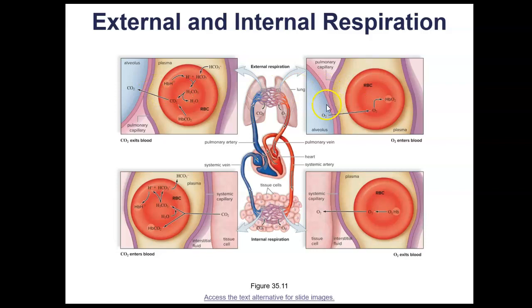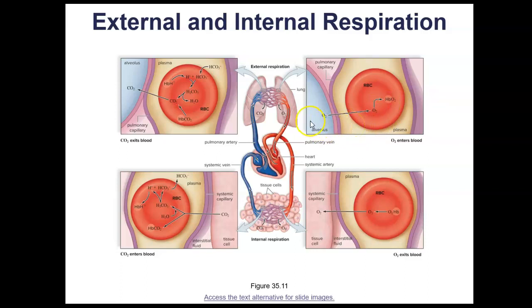I guess you need to look over on the right. You have a higher partial pressure of oxygen in the alveolus because you've just breathed in air, which has a higher partial pressure of oxygen than what you would have in the blood. So oxygen is going to move into the blood and most of it will attach to hemoglobin on the red blood cell. There'll be a small percentage that's dissolved in the blood plasma.